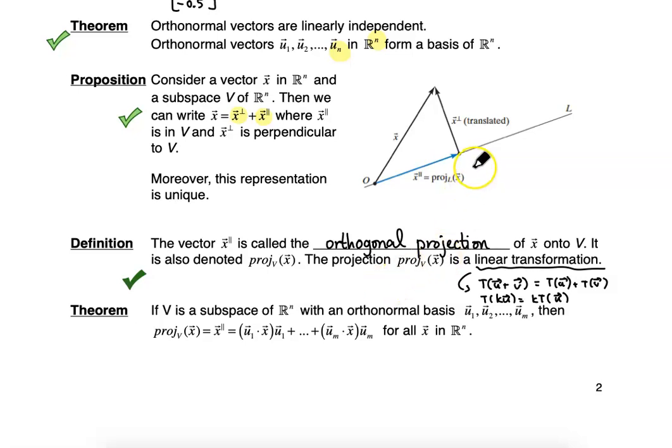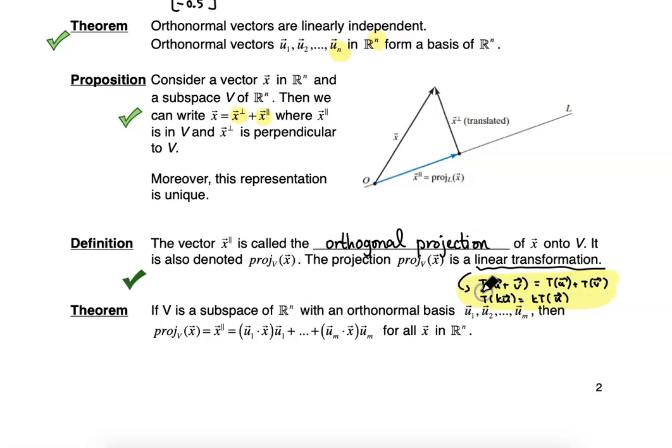So if we look backwards now, not at building x from blue plus black here, but projecting x perpendicularly onto the subspace, we get the blue vector. This act of projecting perpendicularly is a linear transformation. What does that mean? We've said it so many times, but it's so important to remember.